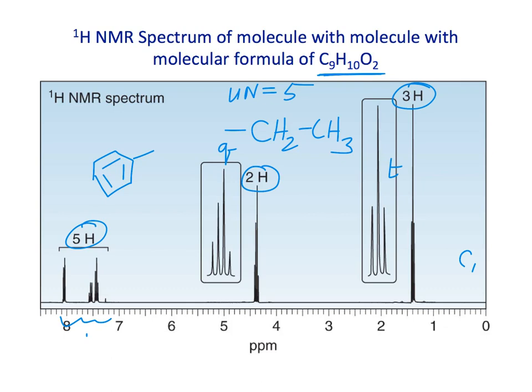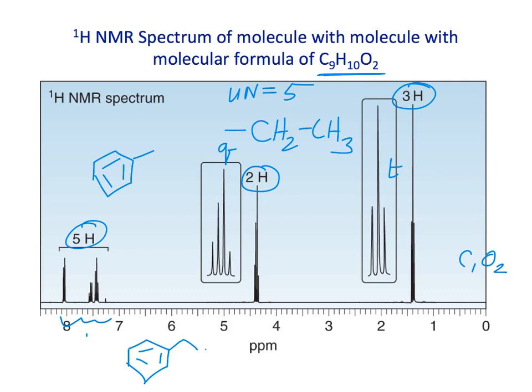What about protons? Do we need any more? No, we've accounted for all of those already. And we have 2 oxygens. Okay, so what kind of functional group can we put in between there that makes up essentially a CO2 group? Like an ester, right? So this gives us 2 possibilities, though.